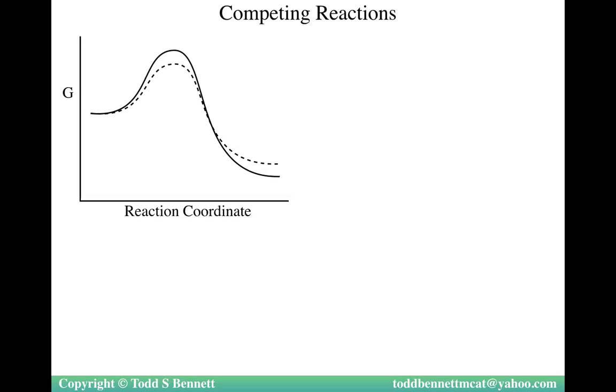But in one reaction versus another reaction, I'll redo this line in red to emphasize that it's not catalyzed, just a different pathway. The red pathway has a lower activation energy, so it can occur faster, but the product isn't as stable. The black pathway takes more energy, but you get a more favorable reaction. So when you have two competing reactions, you can actually change the reaction conditions to favor one over the other.